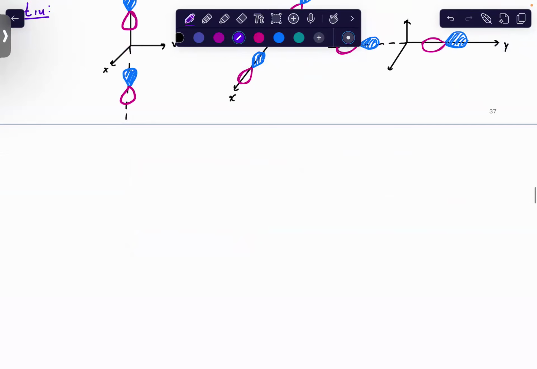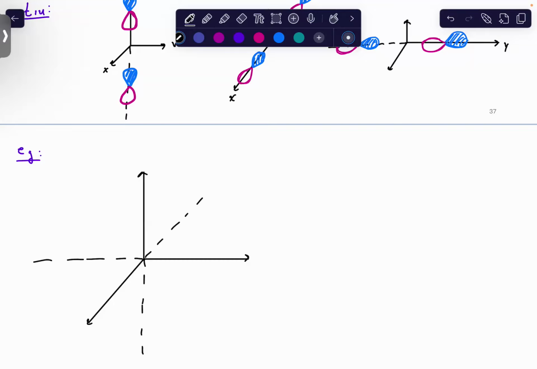So our EG is going to have two orbitals or two orbital groups. Let's do our Z orbitals first.